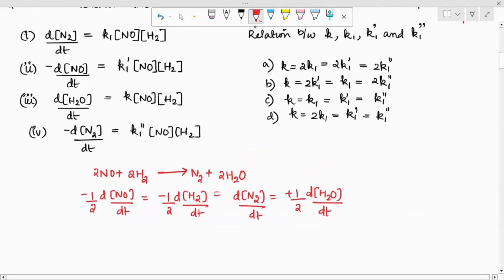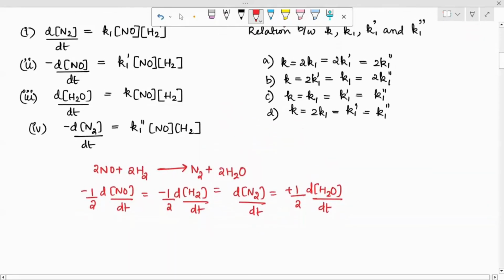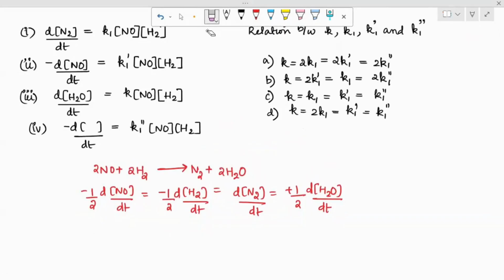Now let's plug in the values, whatever is given. N2, okay, it is hydrogen itself. Sorry, it is hydrogen itself. Yes, okay. Now let's plug in the values. So what is NO? dNO by dt as from expression 2 is this. So let's put the value.